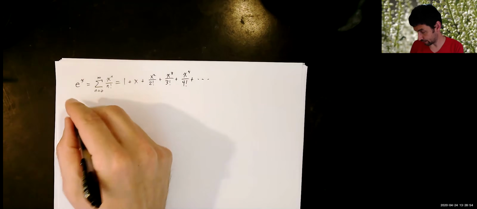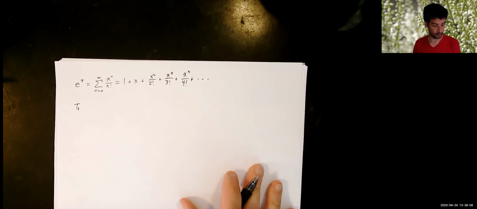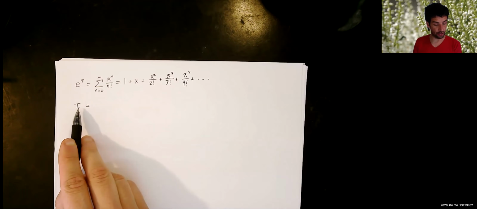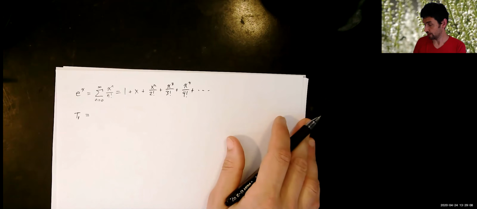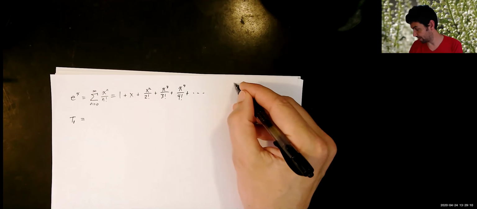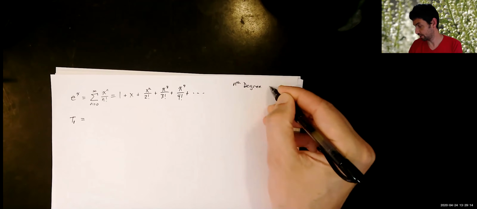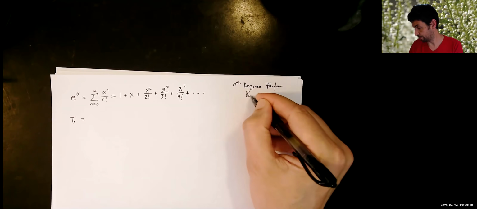So let's start with, I'll call it T1, okay? What I mean by this, what we call this is the first degree Taylor polynomial. So in general, we'll call these things the nth degree Taylor polynomials.